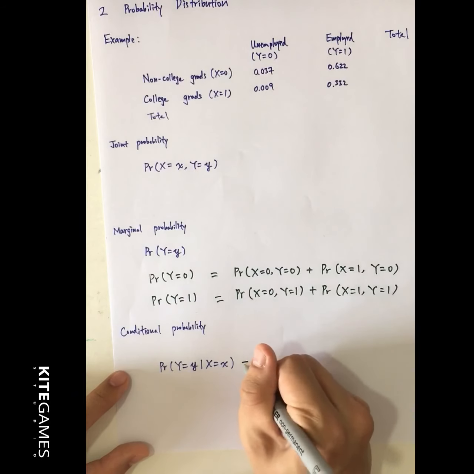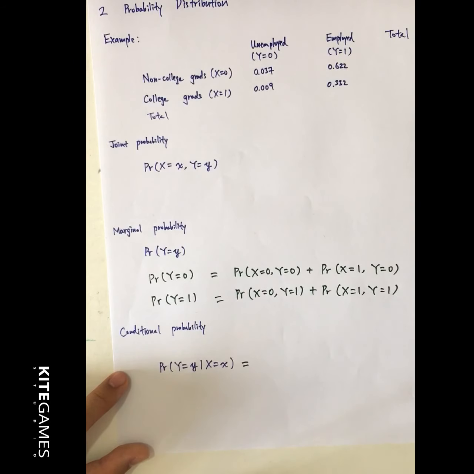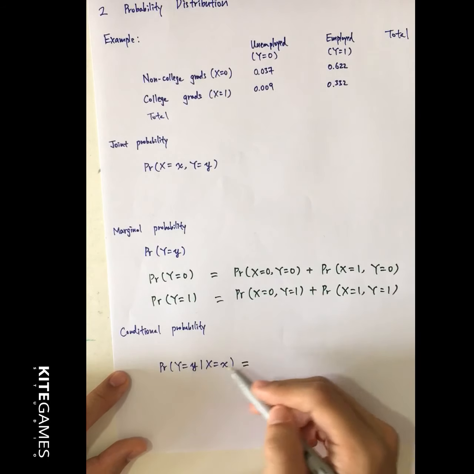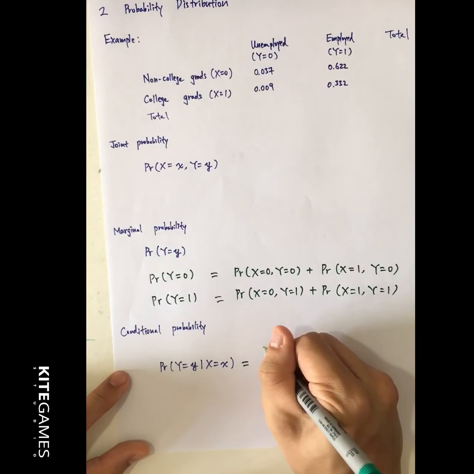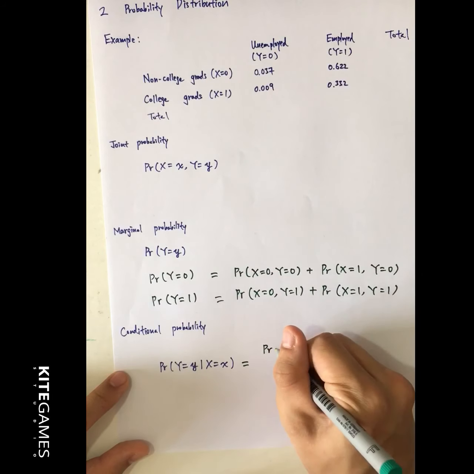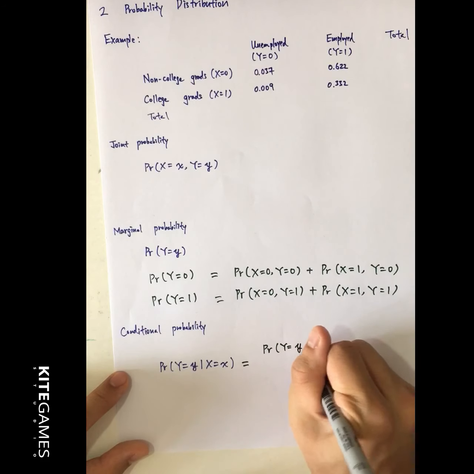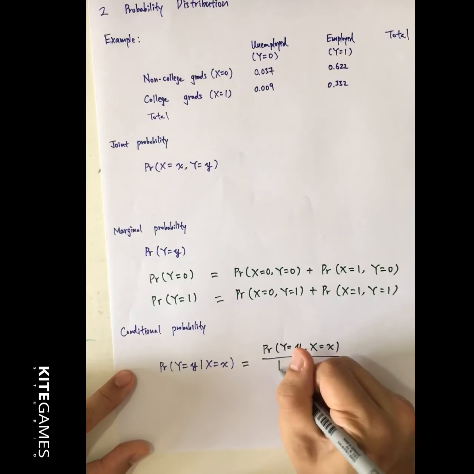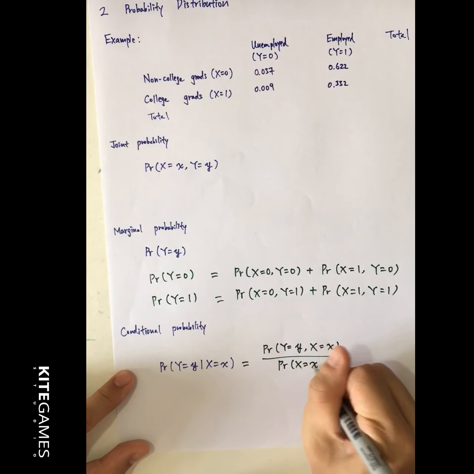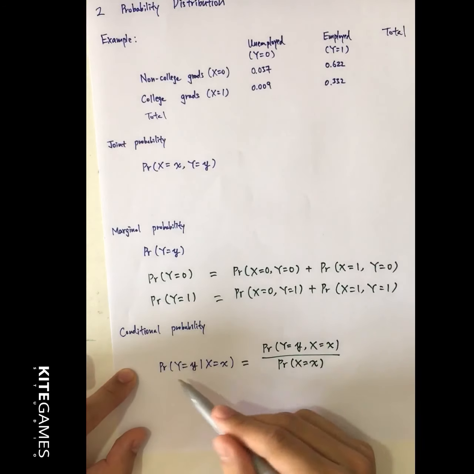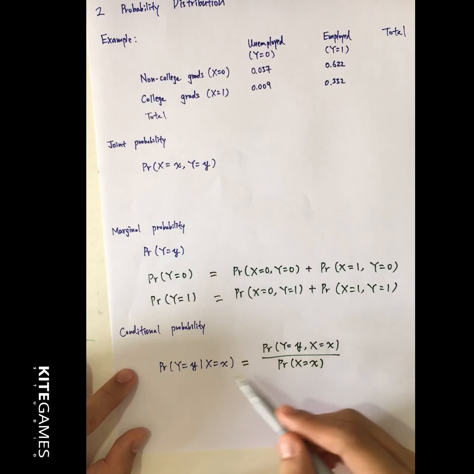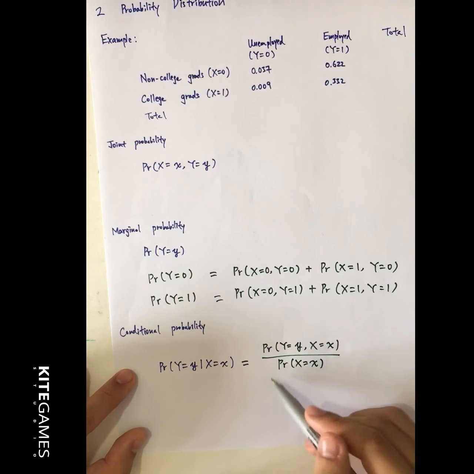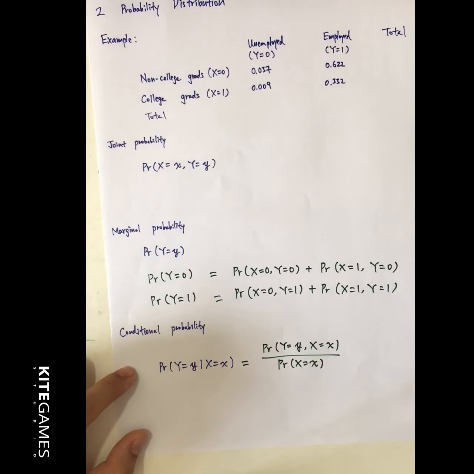The definition of the conditional probability is, given this term, how to calculate the value. You need to calculate the probability that y equals y and x equals x, divided by the probability that x equals x. So you can see that the conditional probability equals the joint probability divided by the marginal probability.